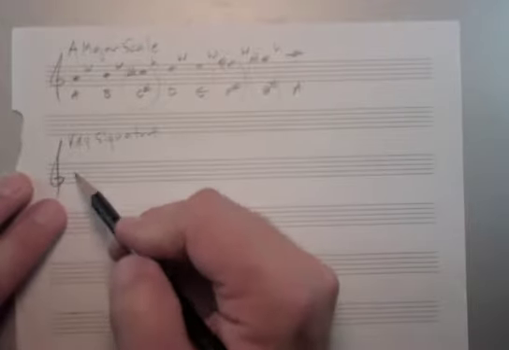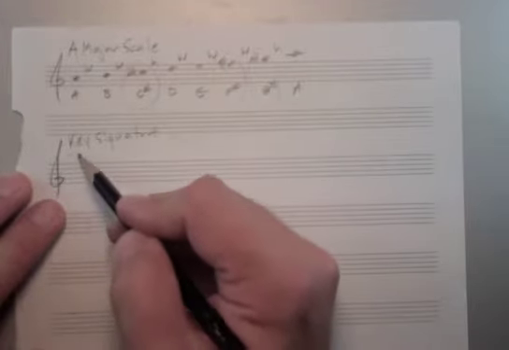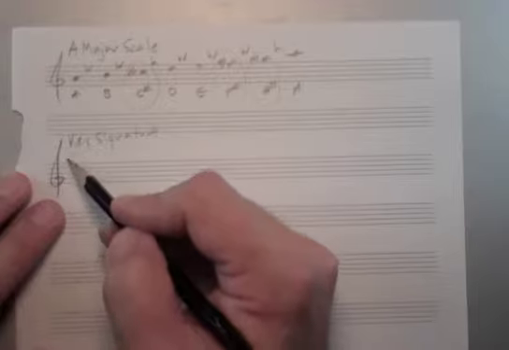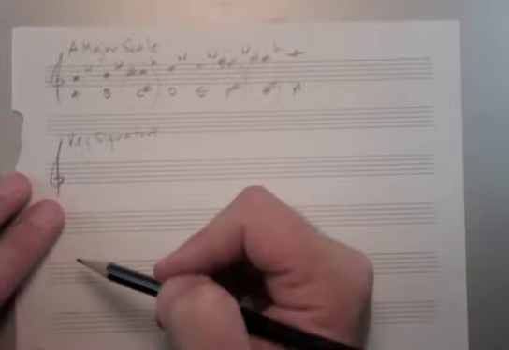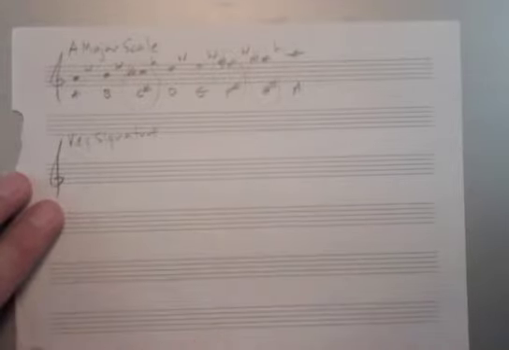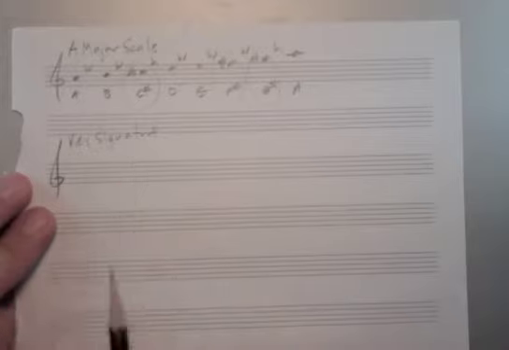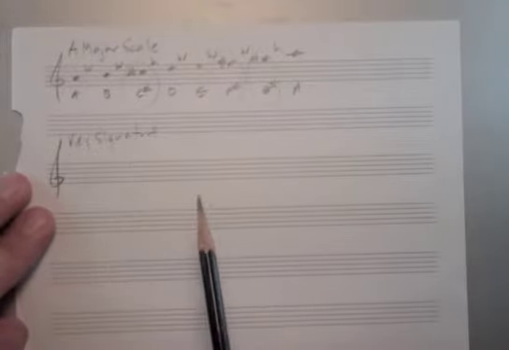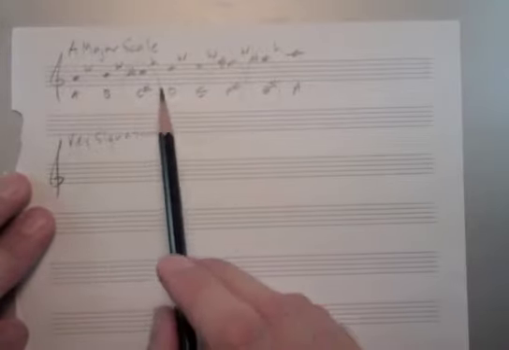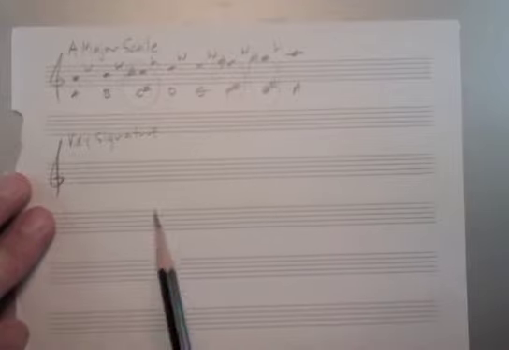So when you see sharps or flats immediately to the right of the clef, whether it's treble or bass clef, those are sharps and flats that tell you which notes are either sharp or flat all of the time. So if we go back to our example in A major, we have C sharp, F sharp, and G sharp.